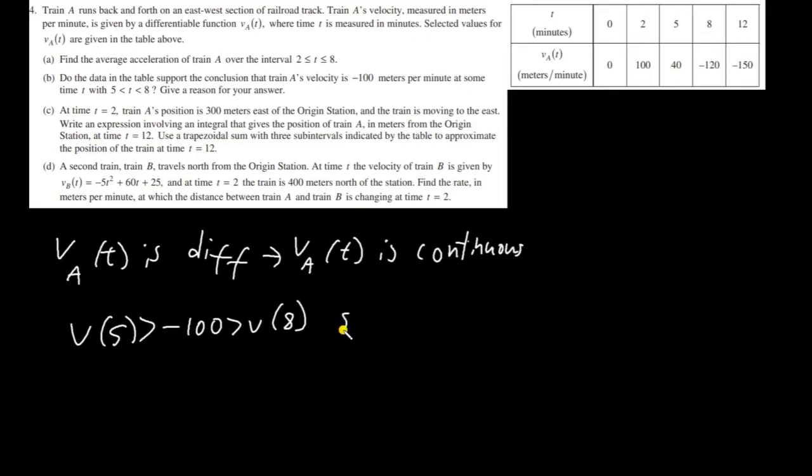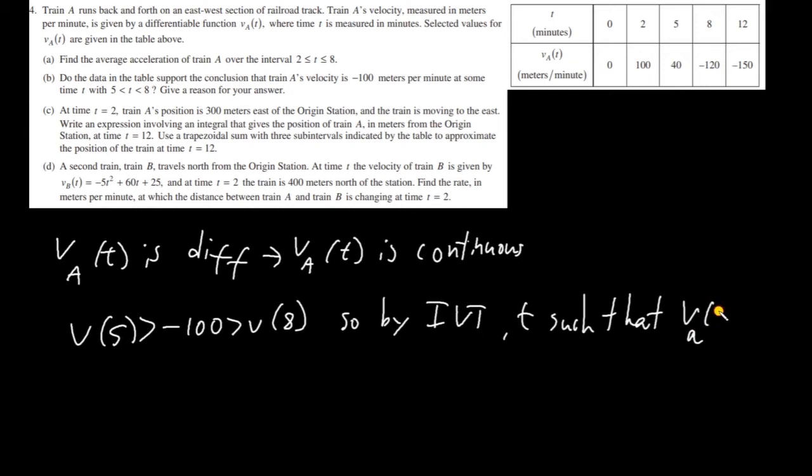So by the intermediate value theorem, which is basically what I was just saying, there is a time t such that v sub a of t equals negative 100. Okay?